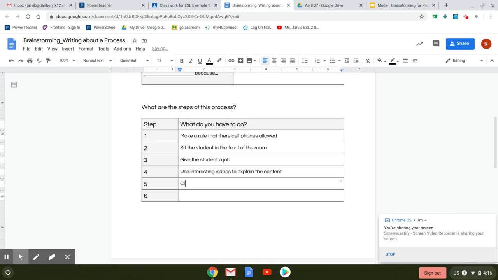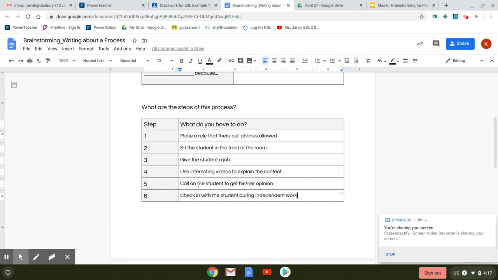I'm going to call on the student to get his or her opinion. And lastly, let me put a space here. I'm going to check in with the student during independent work. So I have all of my steps.